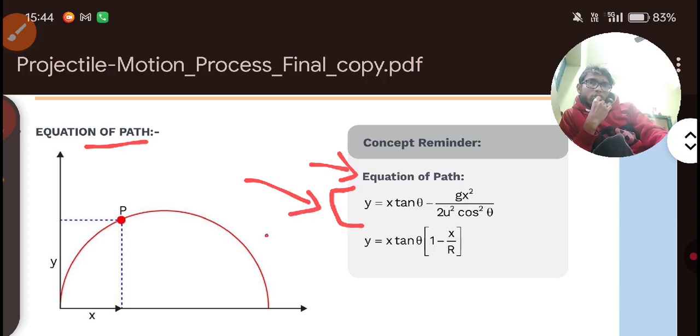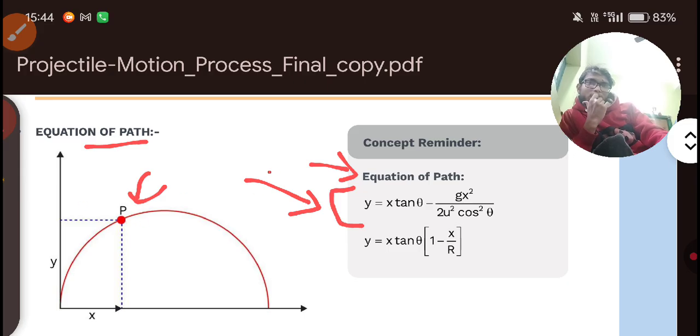What will be your coordinates at this point? The value of x and the value of y.